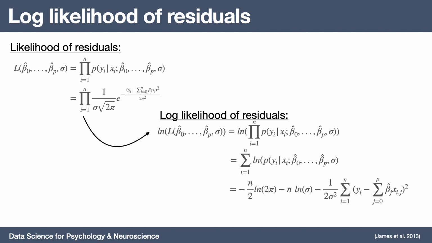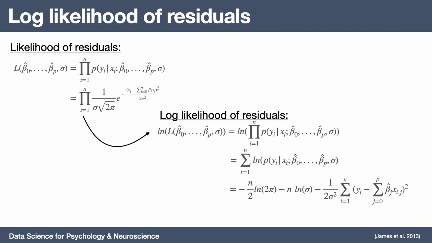In other words, times the sum of all the squared residual errors. This is the form of the log likelihood of your data given your specific model fits.